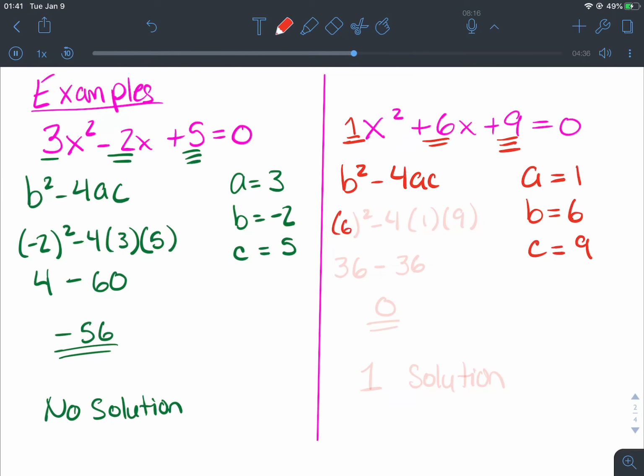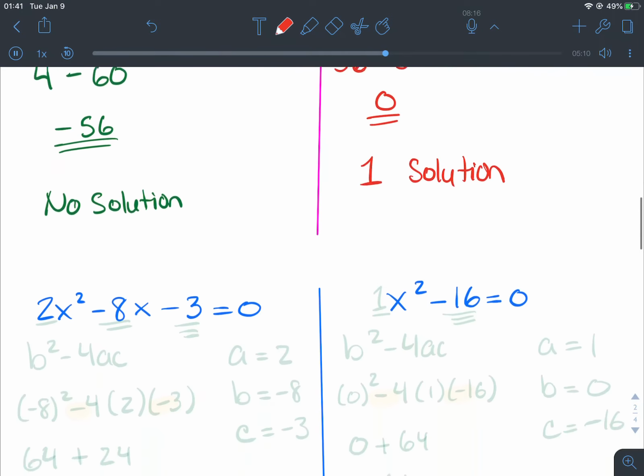B is going to be 6 minus 4 times a, which is 1, times c, which is 9. 6 times 6 is 36. And there's only one negative sign, so we know it's negative. 4 times 1 is 4. 4 times 9 is 36. 36 minus itself is 0. And if the answer is equal to 0, that means there is one solution. That's your answer.